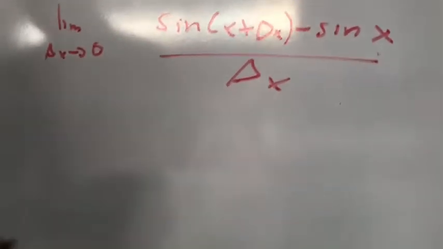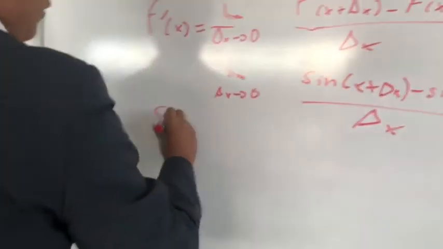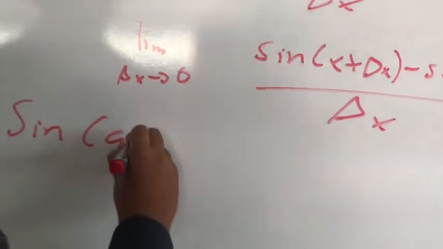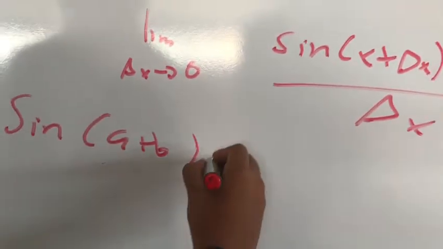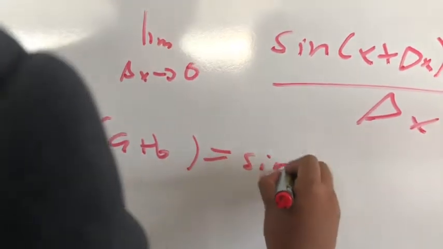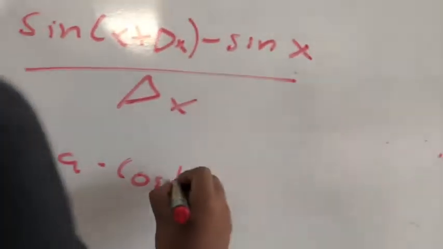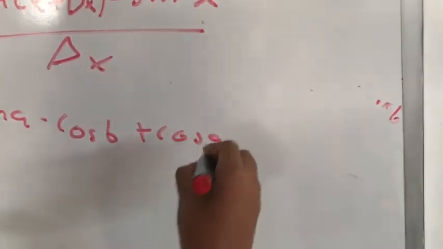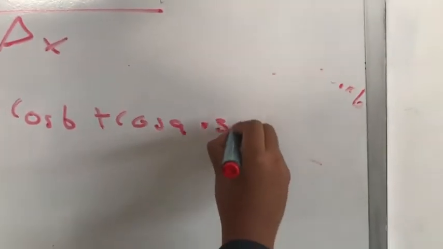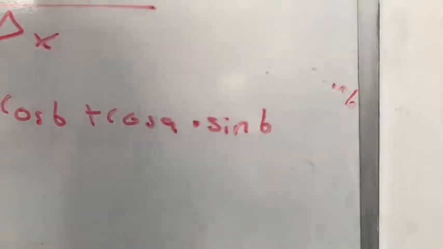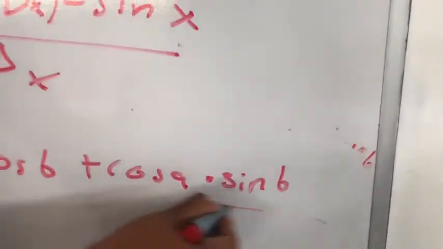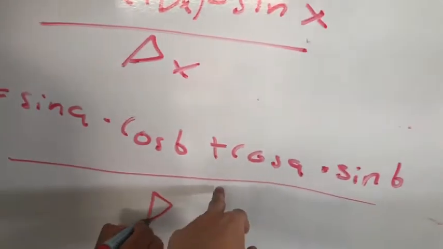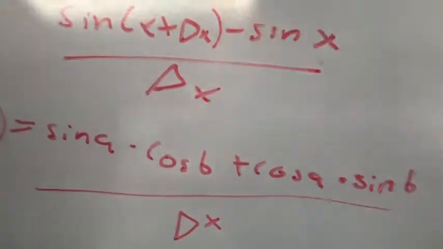Now we have to follow the following rule: sine of a plus b is equal to sine of a times cosine of b plus cosine of a times sine of b. This is a rule that is already proved, so we are not going to prove it in this video.